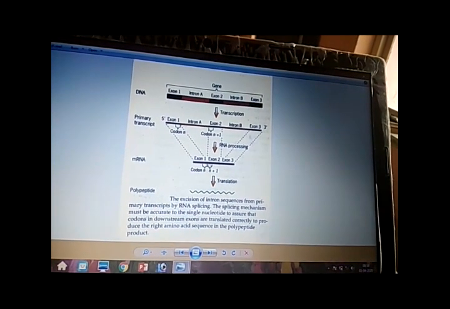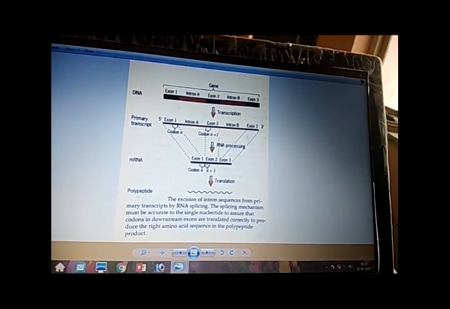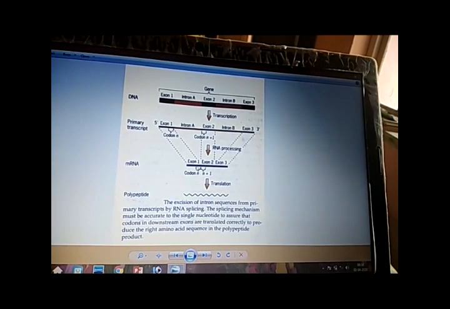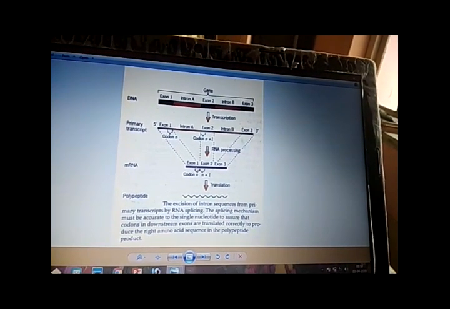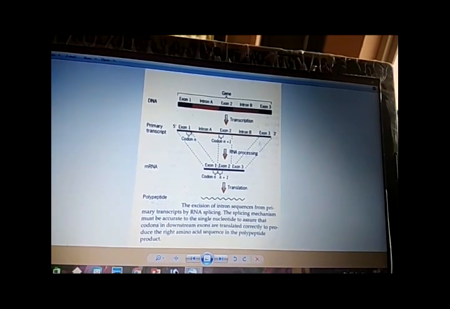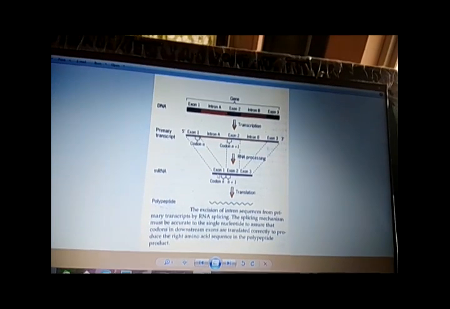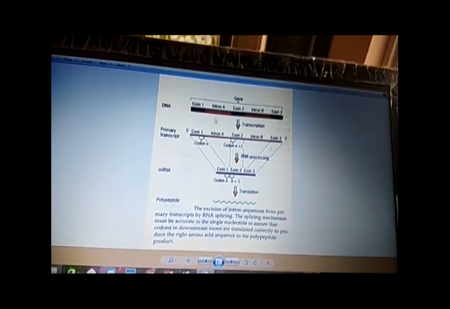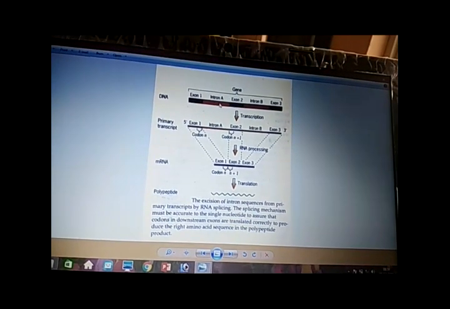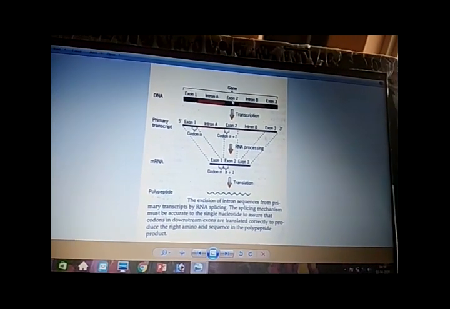Such nucleotide sequences are called intervening sequences, and the genes containing them are called split genes. Those DNA sequences that are not present in the final mRNA transcript are called introns, and those that are retained and expressed are called exons.